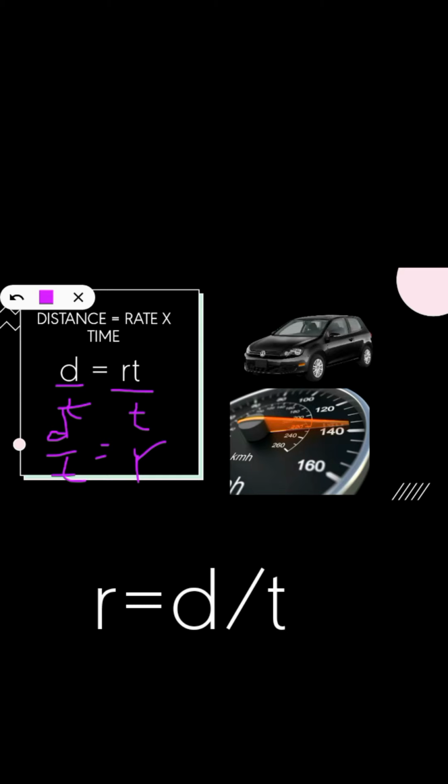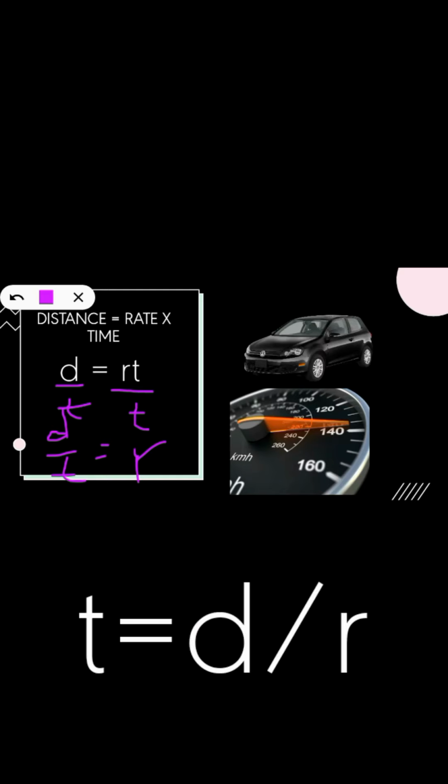So we can derive the formula. We can also derive the other formula, the formula for the time, by dividing both sides by the rate. So eliminating R, we have T is equal to D over R.